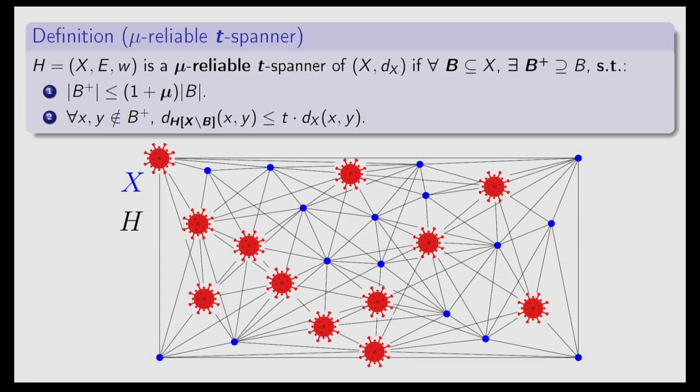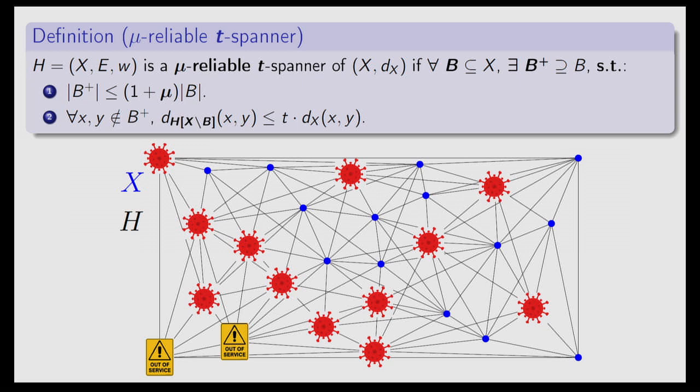And the guarantee is that given such an attack B, there is some superset B plus, which is slightly larger than B, by a factor of 1 plus mu times the size of B. This contains B, obviously. So in addition, you have mu times B more sites.